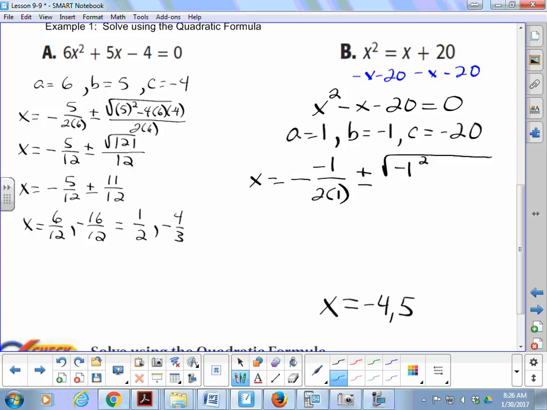But if I square -1, I get +1. So you have to make sure, and this is why I put the 5 in parentheses in the first one we did, that the whole thing is being squared. Then -4 times A times C. So you have to remember that B is negative. When I square that, I get a positive number.